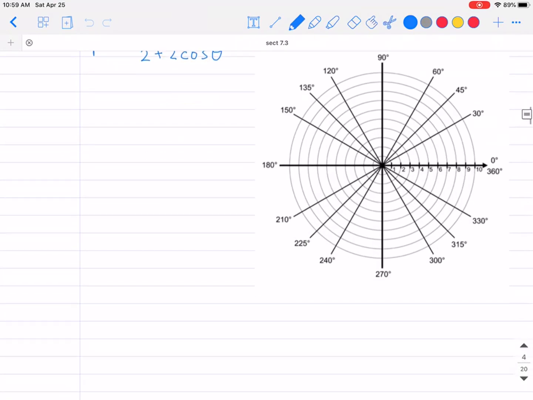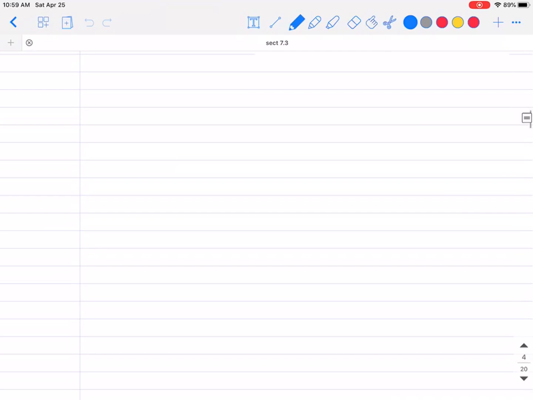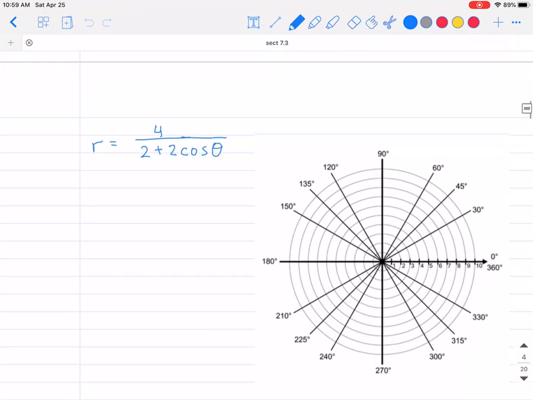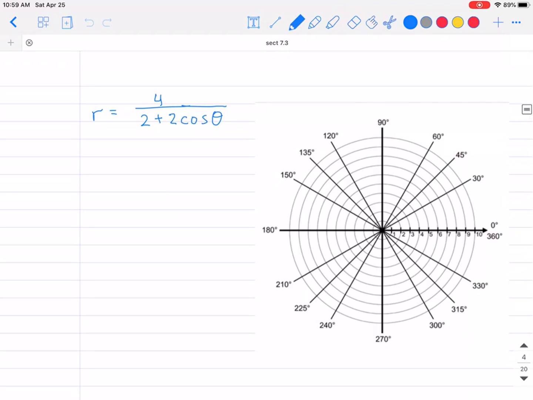Okay. Let's try a different, one last type of problem, and then I think we can go ahead and end it afterwards. This is just going to be the last one where we plug in values to see what happens. We have theta, we have r.